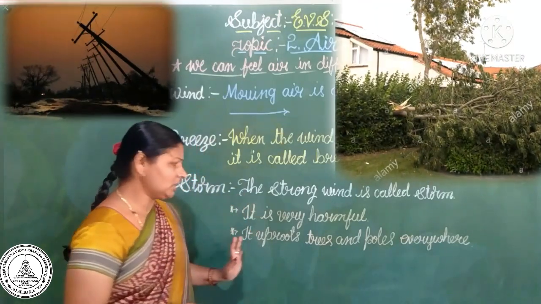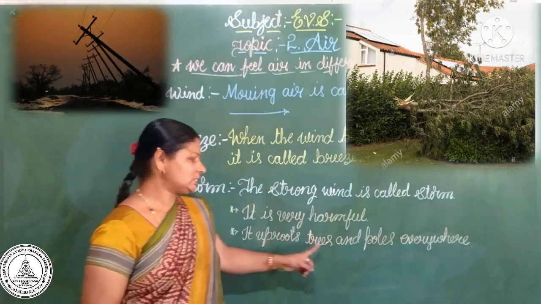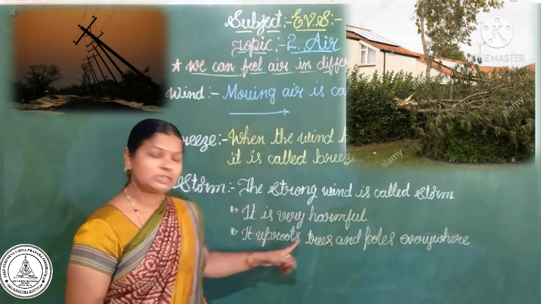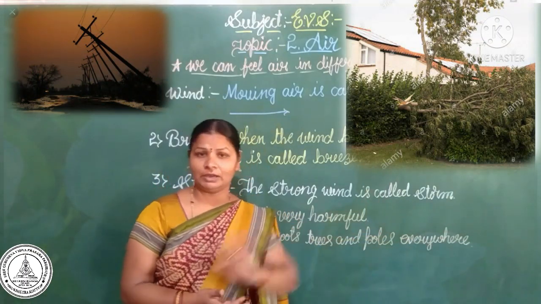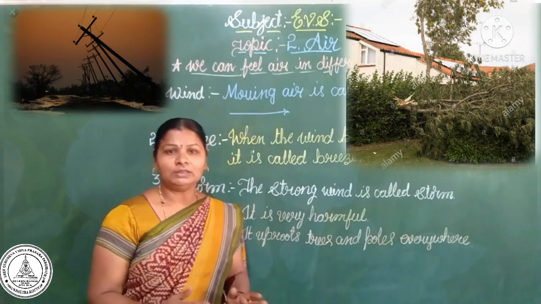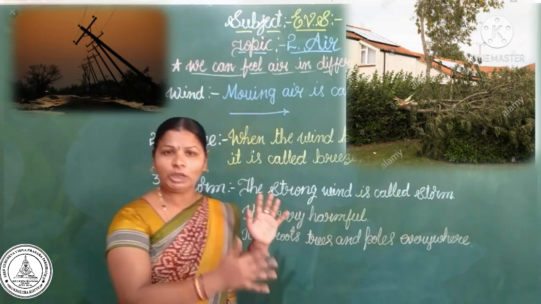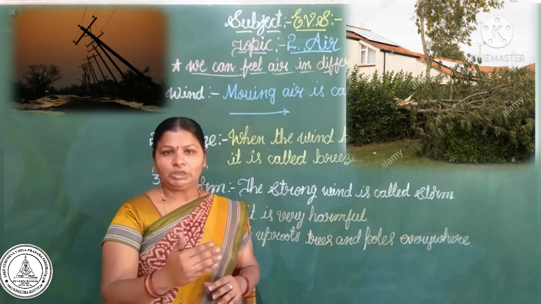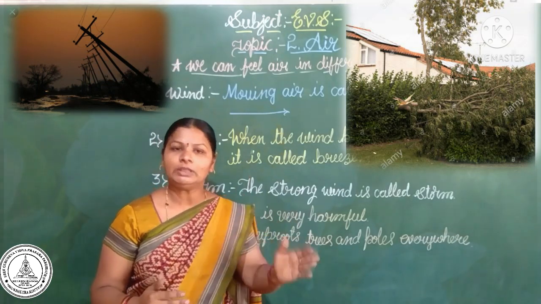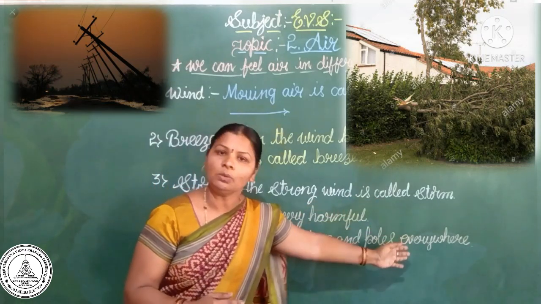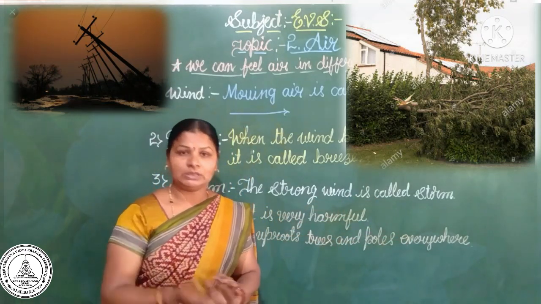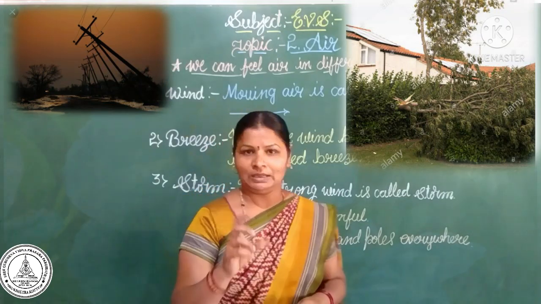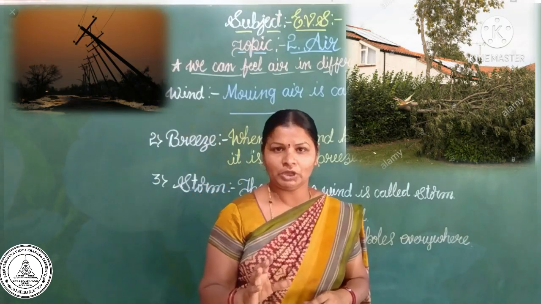Okay, so how is it harmful? It uproots trees and poles everywhere. It means when the storm is blowing in the atmosphere, at that time the storm takes trees and also poles with it. See, on TV there is one ad about a perfume.